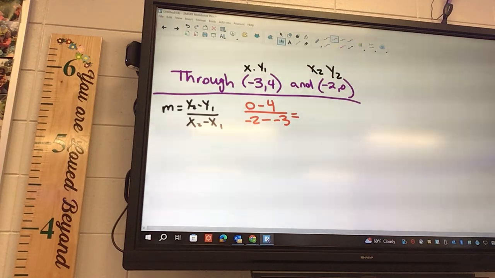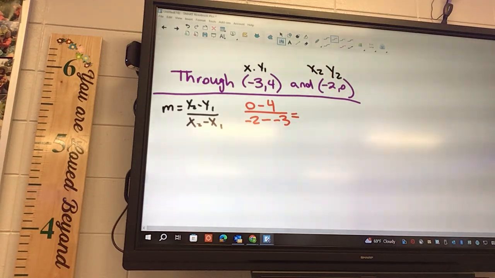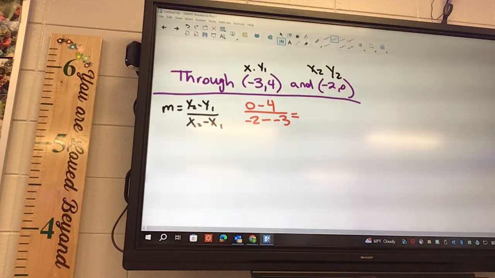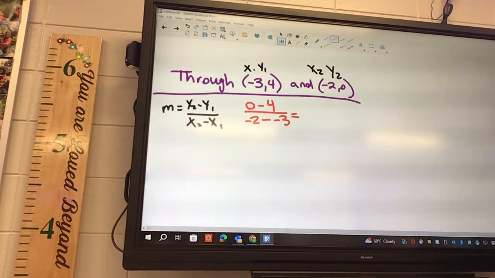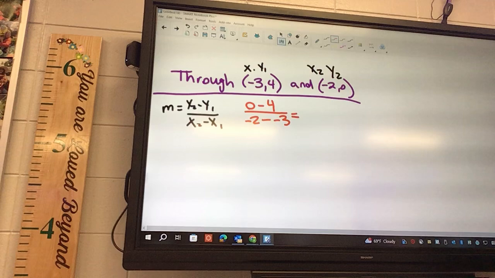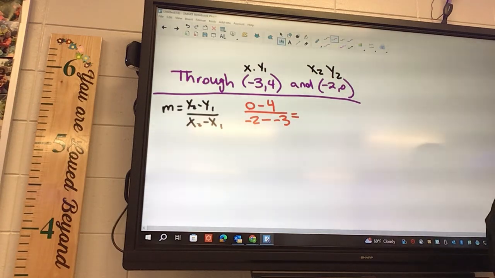It's always going to be negative, subtract. 0 minus 4 is always going to be minus. There will always be at least one. There might be more than that. What'd you guys get? You got negative 4? Okay.